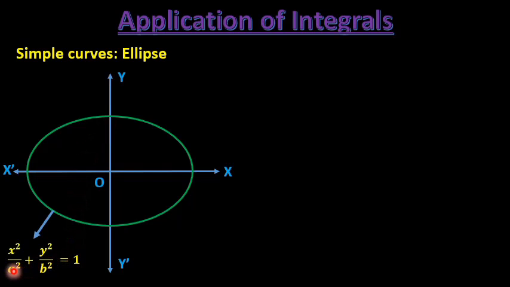So here a is the semi-major axis and b is the semi-minor axis, and here a, the semi-major axis, is greater than the semi-minor axis, which is b. And this ellipse intersects at 4 different points on the x-axis and y-axis. So this point is given by a comma 0, this point is given by 0 comma b, this point is given by minus a comma 0, and this point 0 comma minus b.